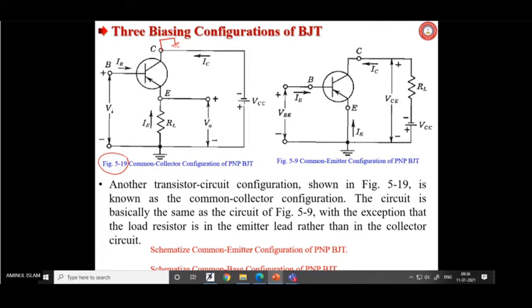Once it is grounded, you'll see that the output is taken from emitter to ground, across the RL which is connected to the emitter.